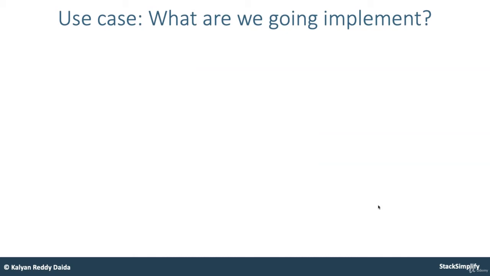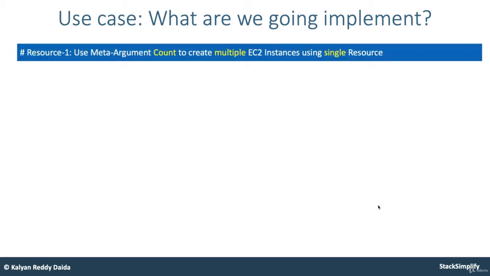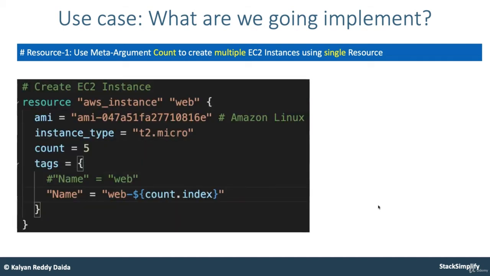Continuing, what are we going to implement? What is the use case to learn this meta argument count and count.index? Using the meta argument count, we are going to create multiple EC2 instances using a single resource.